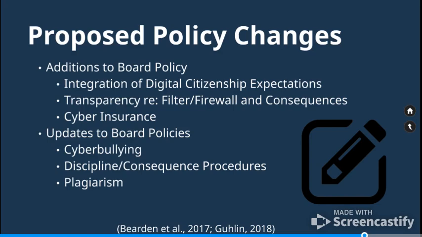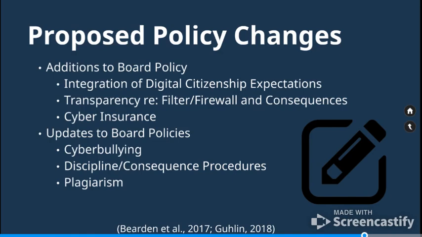And then some updates to the existing board policies. Within the policy, like I mentioned, there is mention of the handbooks, and the handbooks go into a little bit more detail, especially regarding that cyberbullying, but it's still not very well defined, and what that whole process looks like as far as what it is, what it isn't, how it will be handled, those sorts of things. The discipline and consequence procedures, I do feel like need updated.